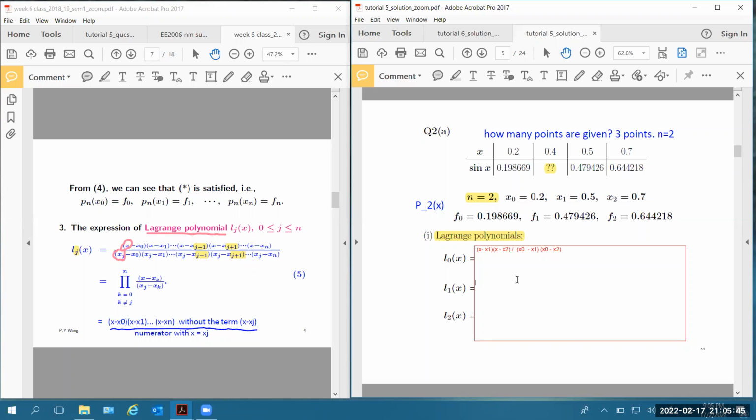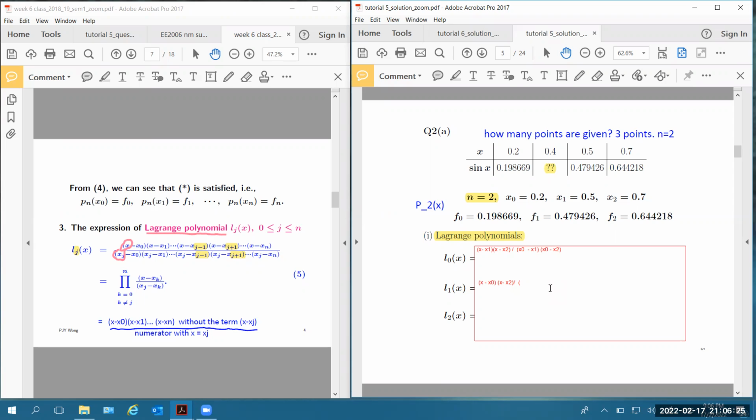All right. Okay, how about you tell me how to write this down? Suppose we go and do L1 now. L1, what's the numerator? Anyone can give me the first term, numerator? x minus x0 multiplied by x minus x2. Yep, correct. Because you cannot have the term x minus x1, right? How about the denominator?